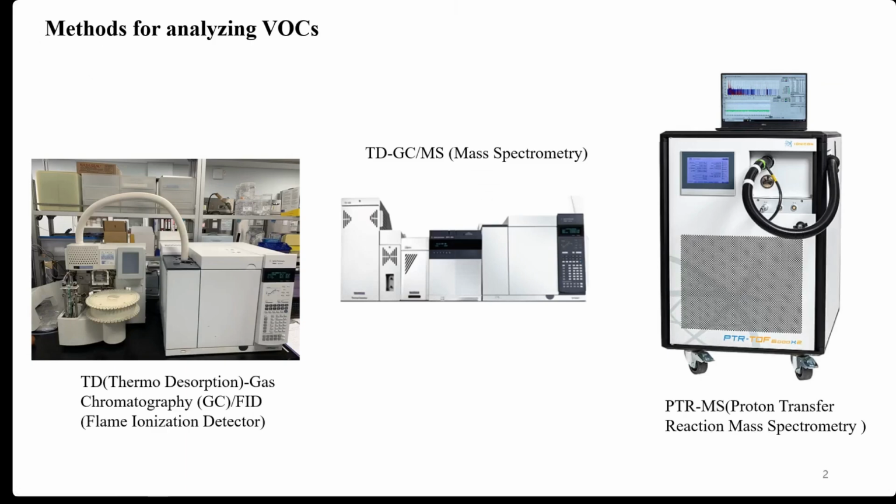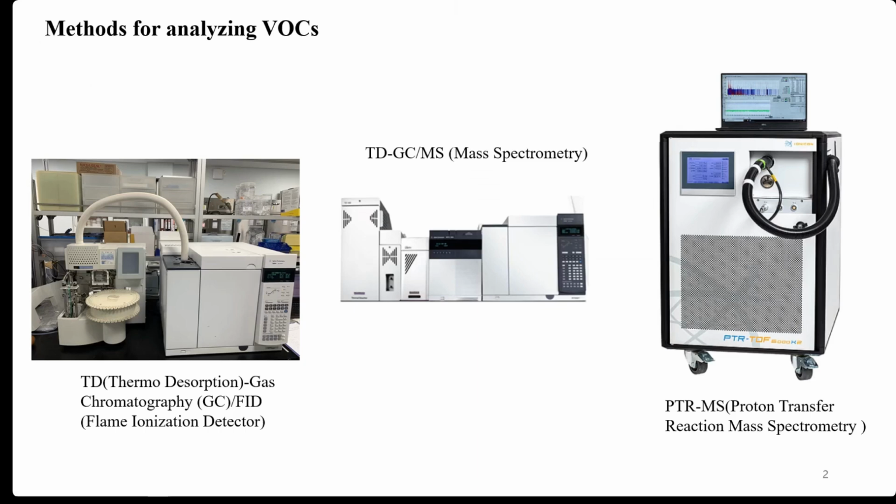In GCs, volatile components in the samples are separated and sent to the detector, where their concentration is analyzed. GC is typically combined with a flame ionization detector or mass spectrometer to identify and quantify VOC components. It is particularly strong in separating various VOC components individually.